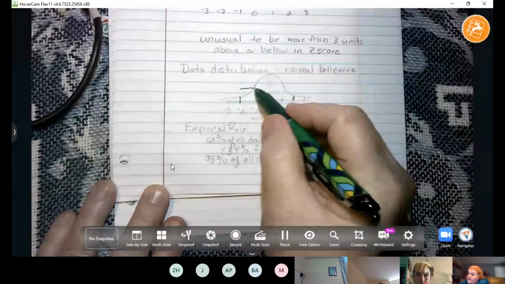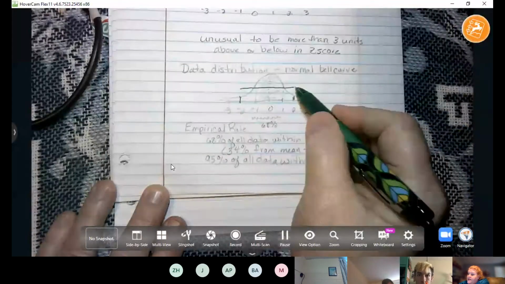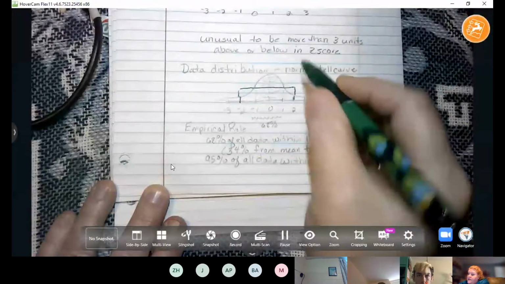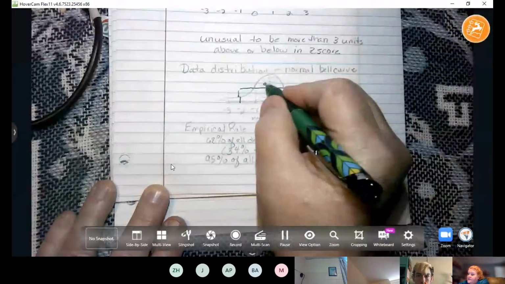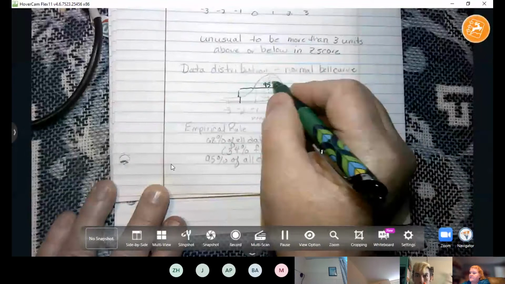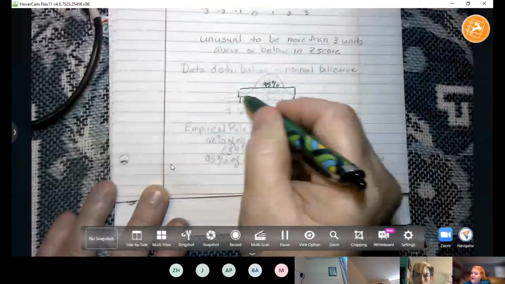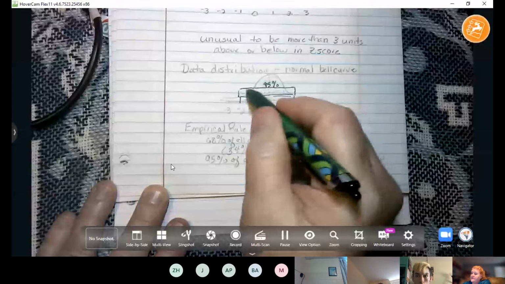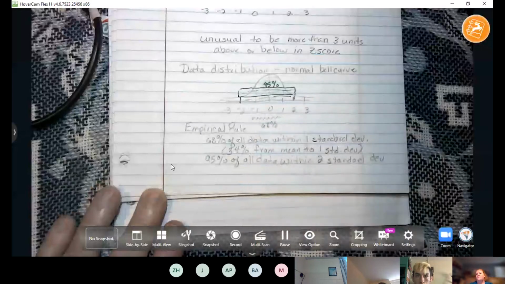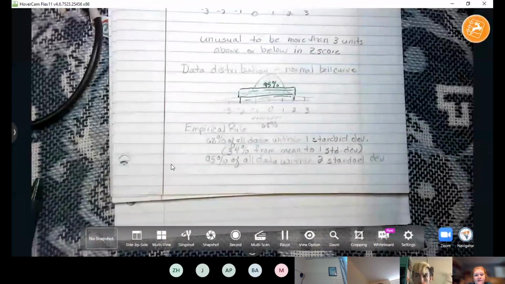And from here to here is 95%. So everything within that grouping is 95%.